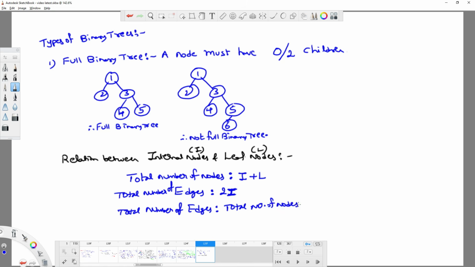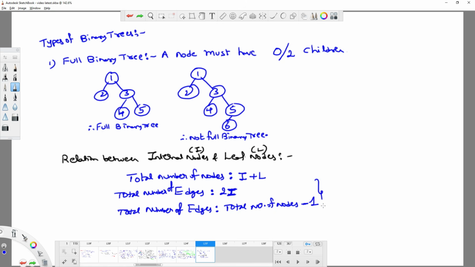Total number of nodes minus 1. Total number of nodes are how many here? Total 5, right? How many edges are there? 4. So is it correct or not? So I can write either total number of edges or total number of nodes minus 1, or total number of edges equal to 2I. Right?